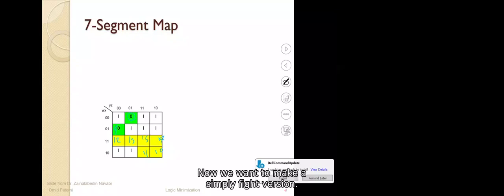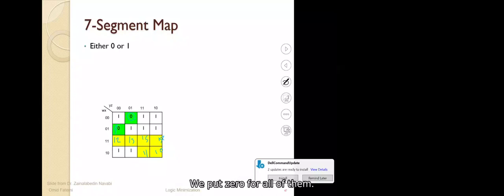So what to do? Now we want to make a simplified version. So either we put 0 or put 1, we don't care. Whatever you want to do, put it. So let's say we put 0 for all of them. Okay, let's see what happens if we put 0 for all of them. Again, starting the Karnaugh map, what implicant do we have? We have 1 here. So this is number 1.